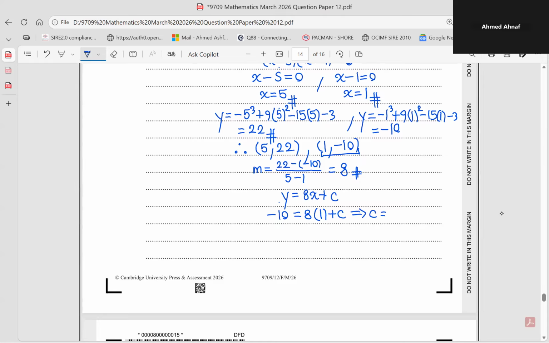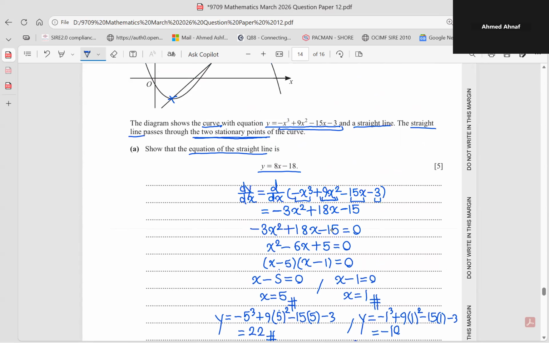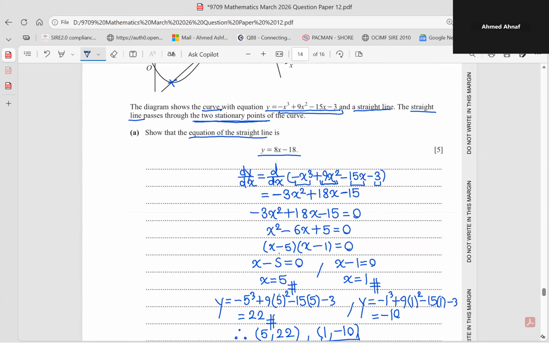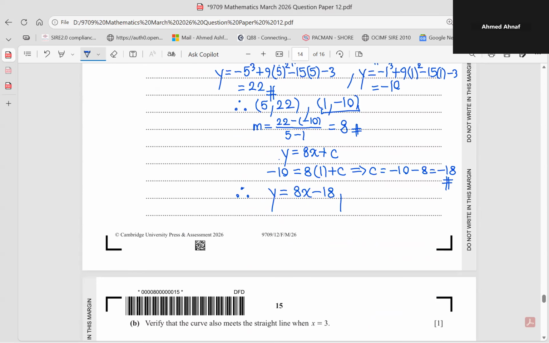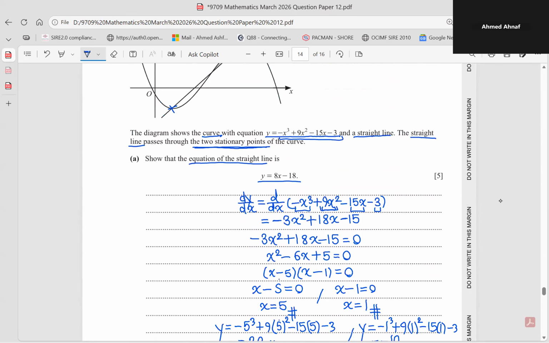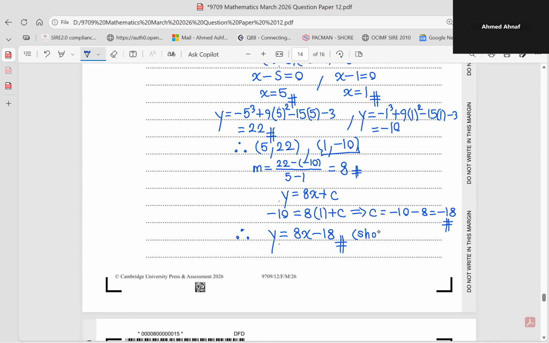So c is negative 10 minus 8, which equals negative 18. So these give us our final equation, y equals 8x minus 18, which is the exact result that we are required to get. So we can stop here and write shown.